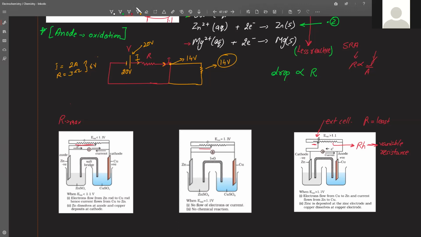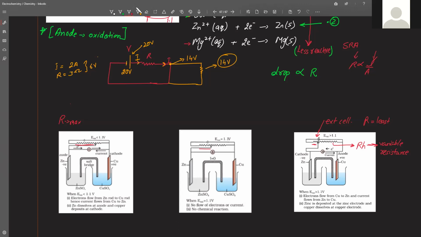As I said, as resistance increases the drop will also increase, and as resistance decreases the drop will decrease. So the drop from the external voltage is very high here, a little less in the next one, and least in the third case, right?